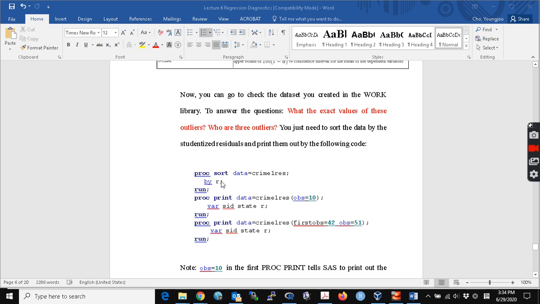We can sort by the studentized residuals. In crime1res, we stored the diagnostic information from the fitted model, including the studentized residuals r, and we sort by r.